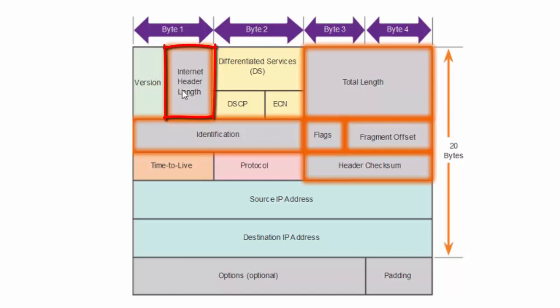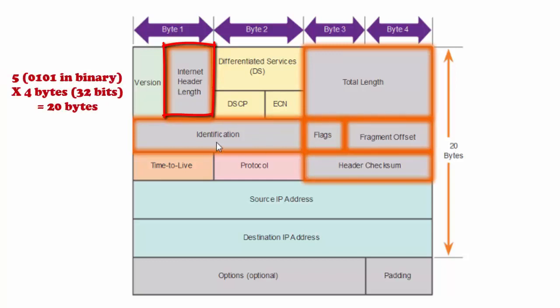Well, the header length is used to represent the number of 32-bit words of the header, which means the number of rows inside that header. So 20 can be represented using number 5, which means that 5 times 4 bytes, which is 32 bits, will constitute the 20 bytes.